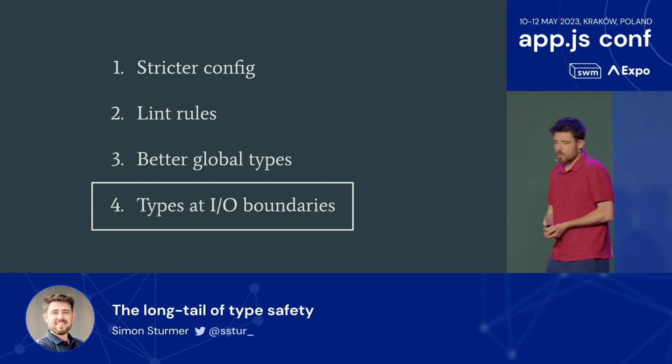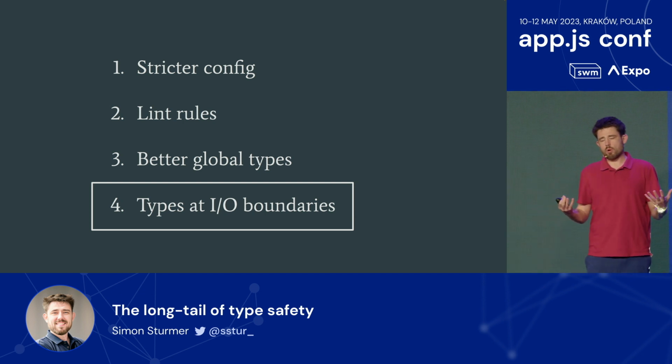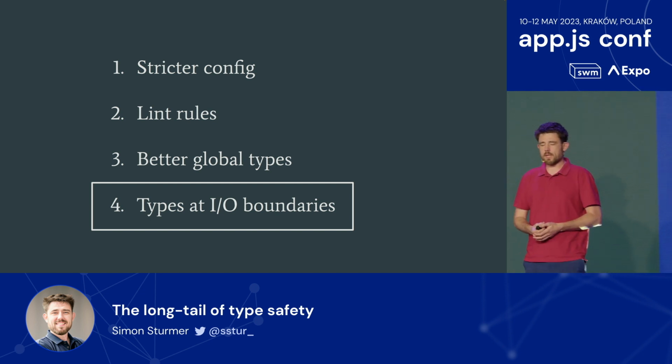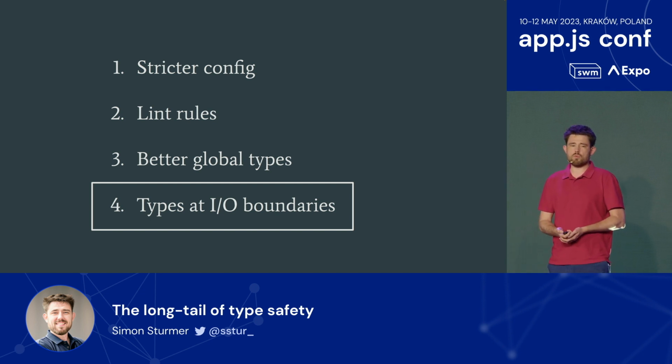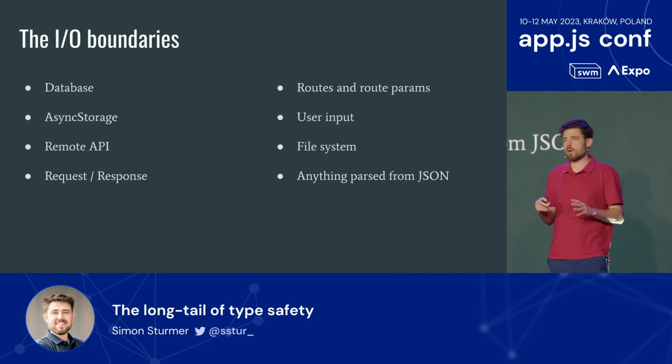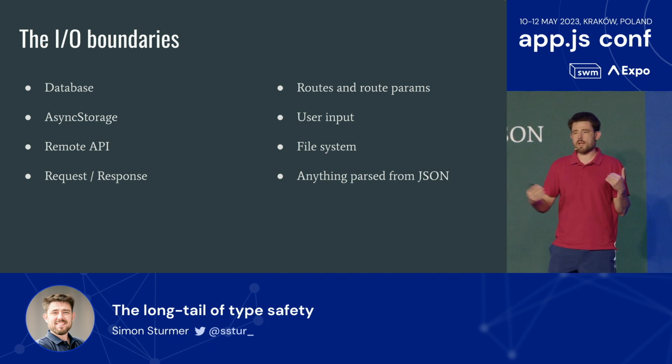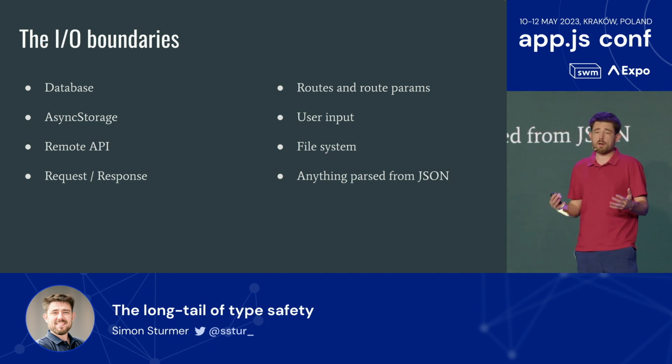Okay, so now we get to what I think is the more interesting sort of problem, because everything so far has been: add a config change and drop an npm package in. But here's where things get interesting. Our application has I/O boundaries. It has data coming in from the outside world that TypeScript can't possibly know about at compile time.